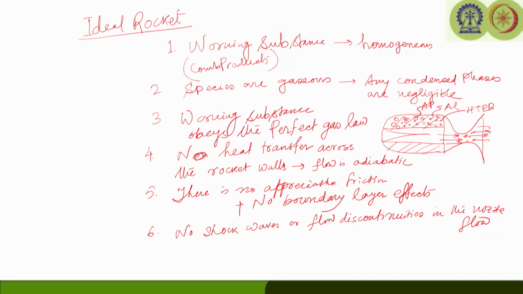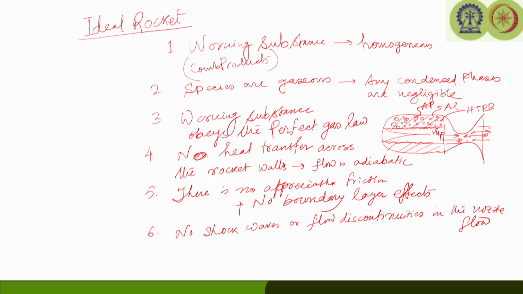We consider that the propellant flow is steady and constant. Now, if you look at the previous slide here, what we are saying is that whatever propellant is burning, there will be some mass flow rate, let us say m dot f for a solid rocket.